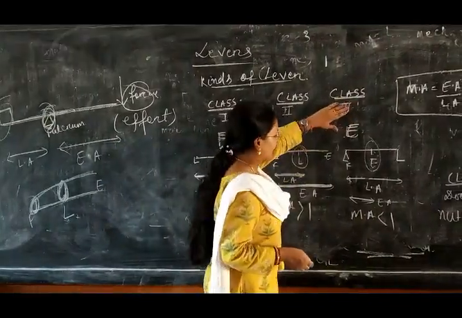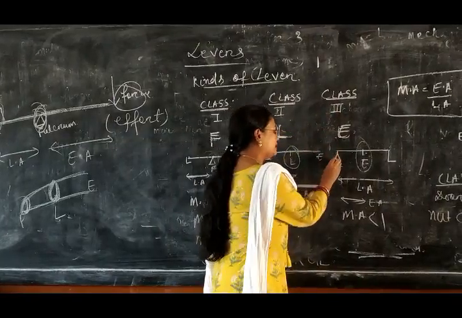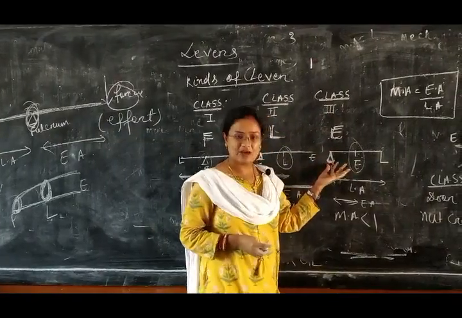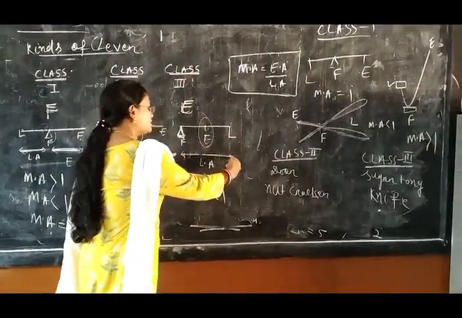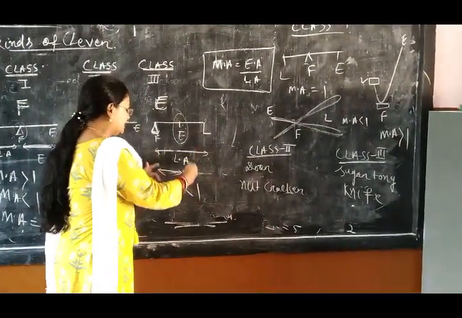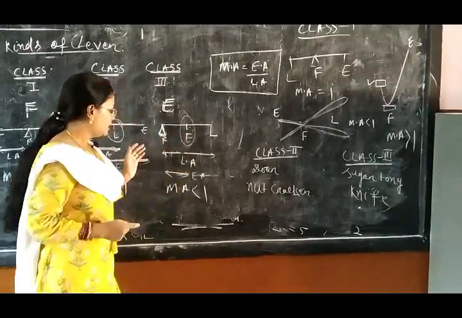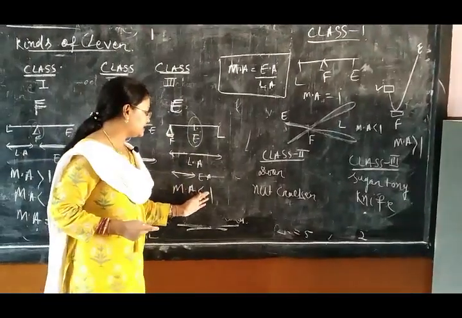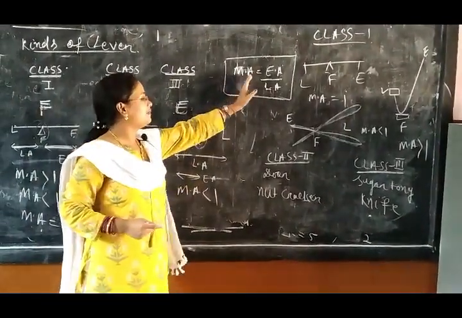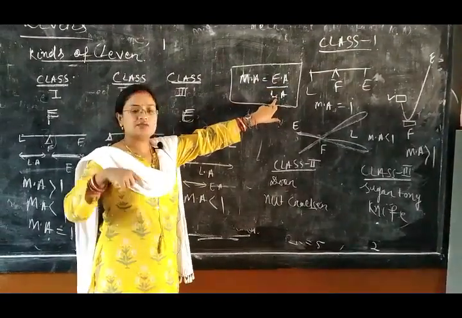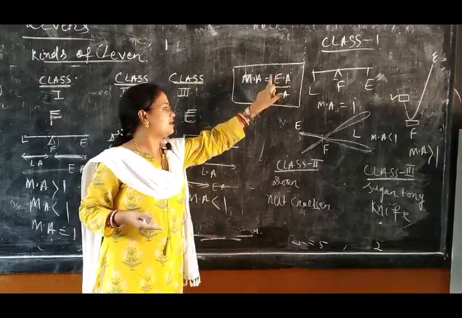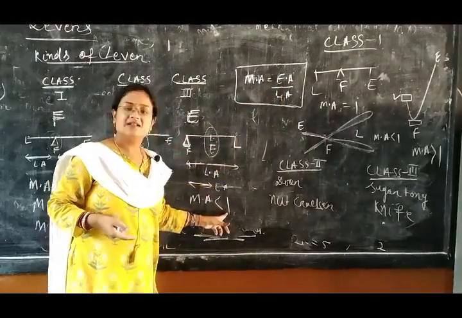Now for a class 3 lever, the fulcrum is also at one corner, the effort is in the middle and the load is on this side. So the load arm is more than the effort arm. In that case the mechanical advantage is less than 1, because mechanical advantage is effort arm by load arm, and if the load arm is more than the effort arm, the mechanical advantage is less than 1.